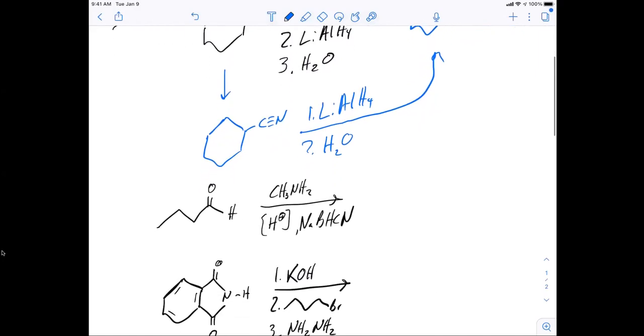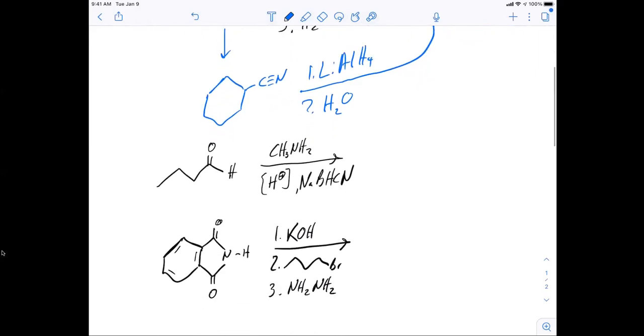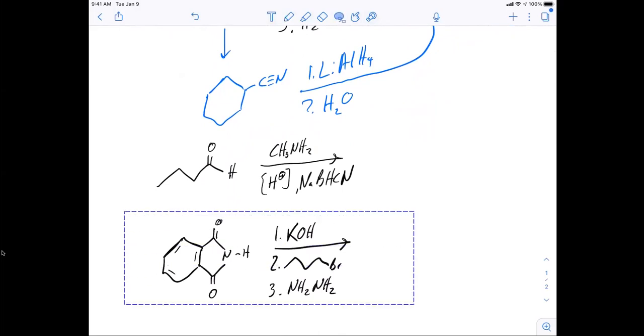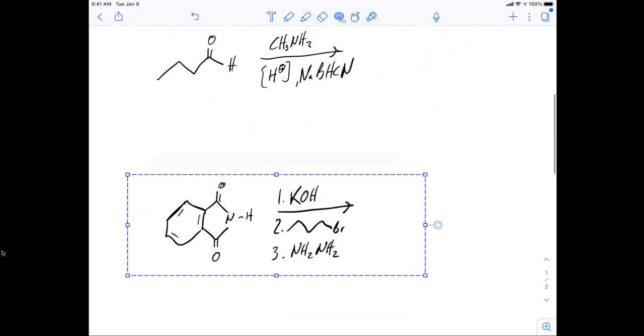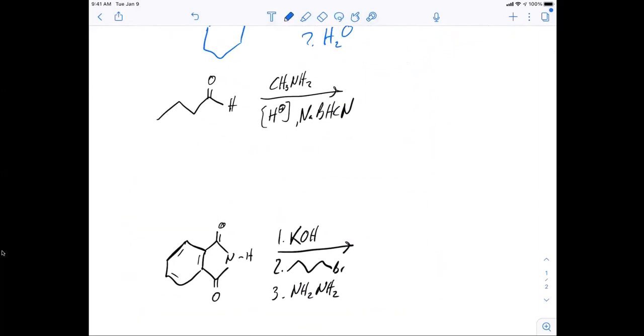The second one, this is all in one pot, but we'll go ahead and divide it out so you can kind of remember what we were doing here. Okay, the process here is first we make the imine or enamine. In this case, since it's a primary amine, we make the imine. Right.